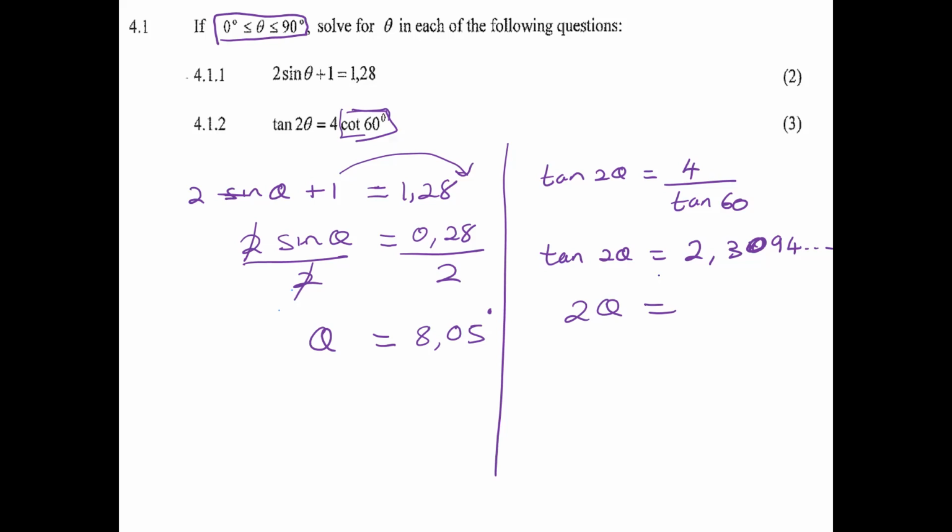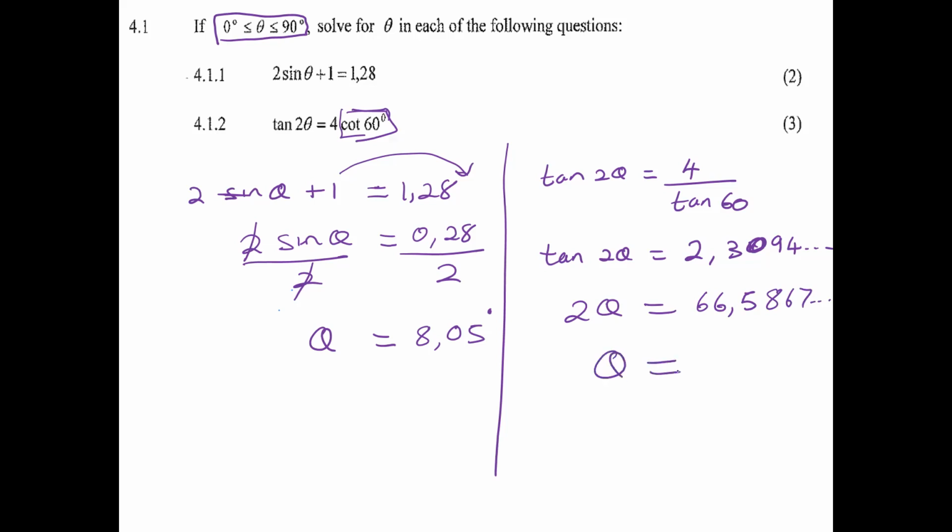And what do we get here? 66.5867. That's right, sir. Don't round off. 66.5867. All right.